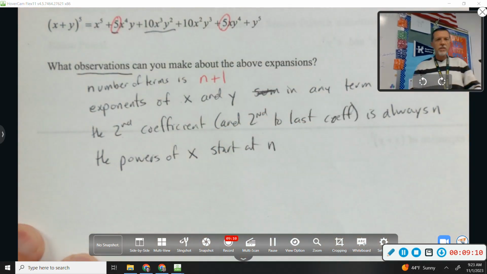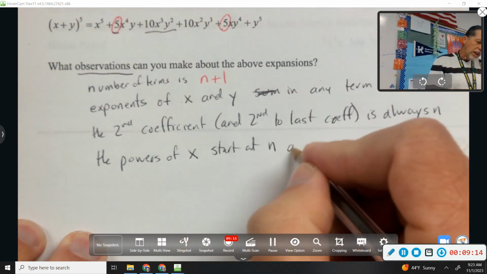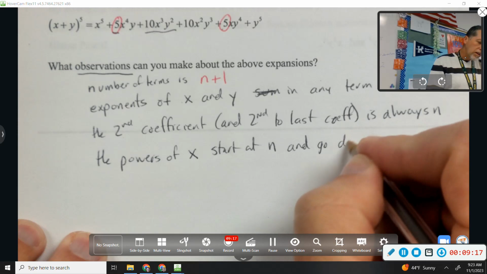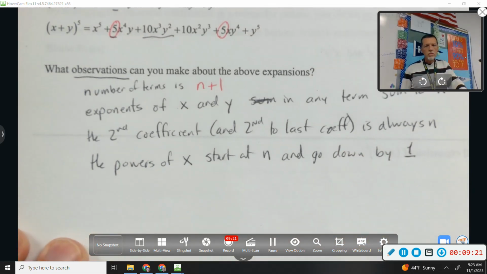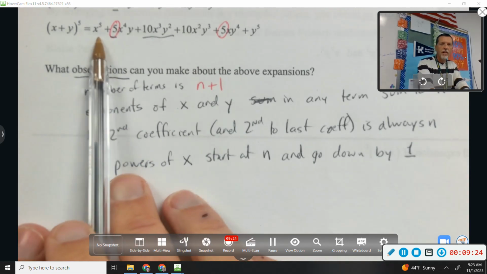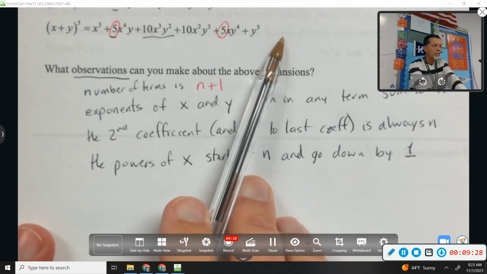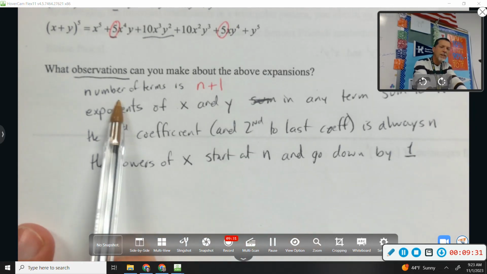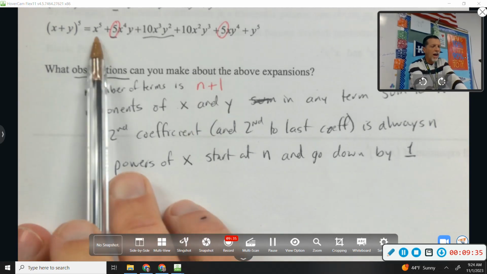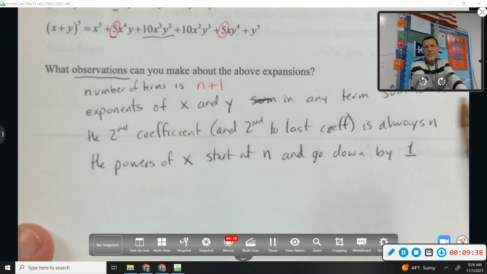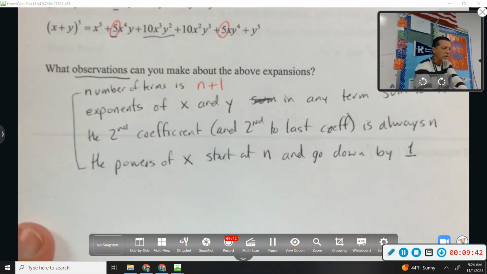They start at whatever the big power is, the 5 or the 4. Start at n and go down by 1 until there aren't any left. X to the 5th, x to the 4th, x cubed, x squared, x, and no x's. That's related to the fact that the number of terms is n plus 1. We started at 5 and went down to 0, so that makes 6 terms. So these 2 statements are related to each other.